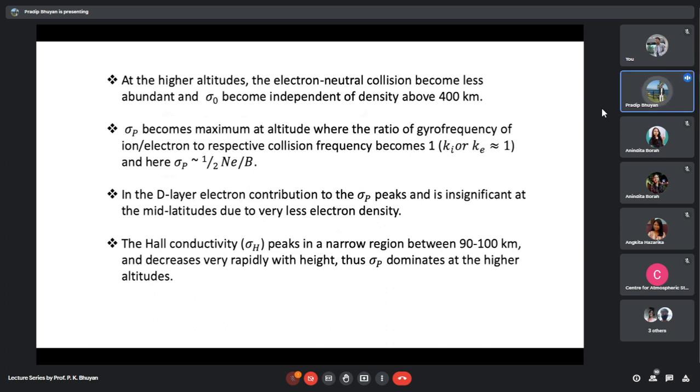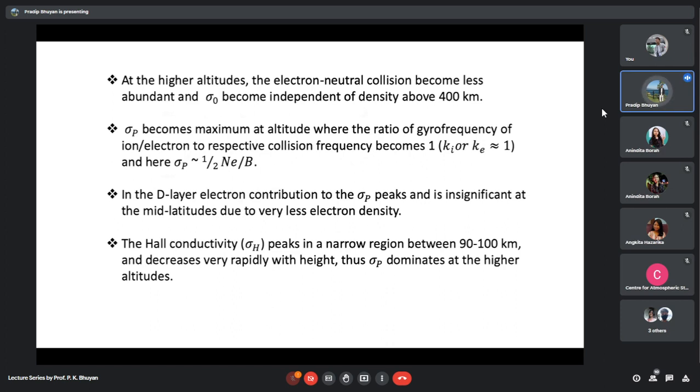What happens to sigma P? Sigma P becomes maximum at the altitude where the ratio of the gyro frequency of ion or electron to the respective collision frequency becomes 1. That means sigma P is maximum at Ki or Ke equal to 1. Okay, and what happens?